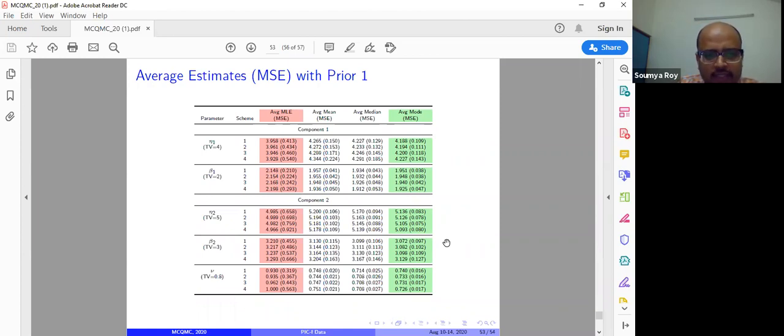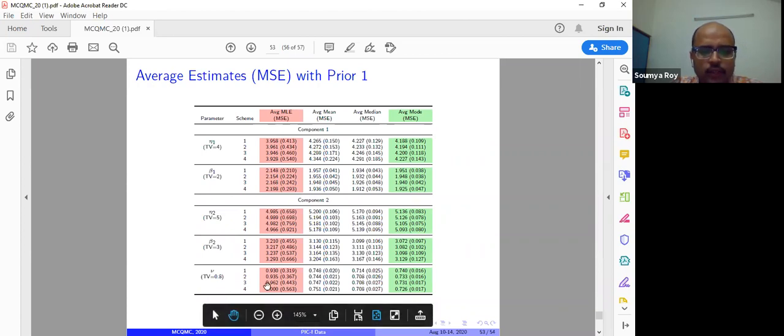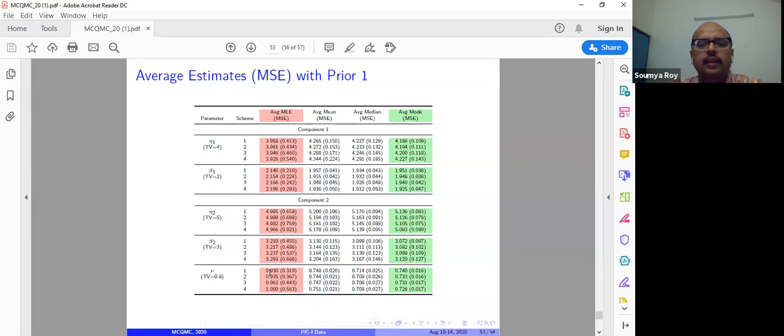But what you notice here is that, of course, as you move from scheme 1 to scheme 4, the precision goes down. But what is disturbing here is that the bias for the new parameter nu is significantly higher. That's one thing. And the other thing, and this is true even if you compare the bias or the MAC with the independent case, is that MAC in this case is significantly higher as compared to the independent case.